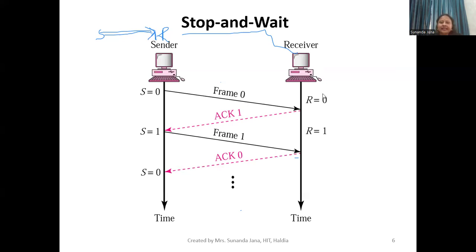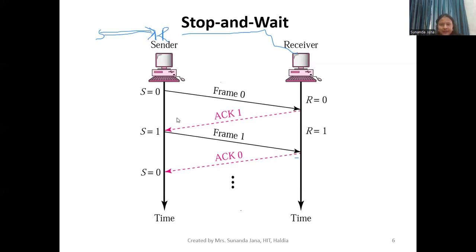And on the receiver side, there is also a number. That is the number of the frame it is expecting. You can see here S equal to 0, which means the sender is sending frame 0, and R equal to 0, which means the receiver is expecting to receive frame 0.